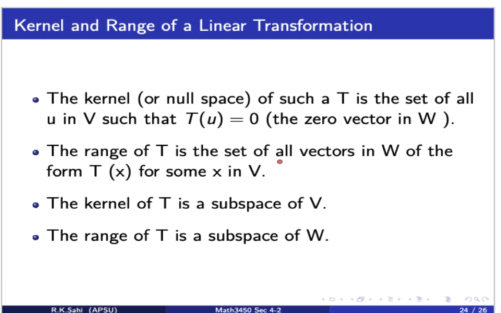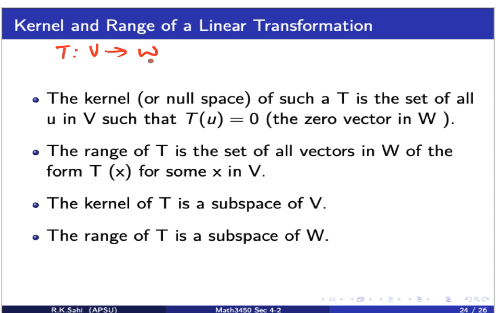Now, the kernel of a linear transformation is the set of all those u's in V such that T of u is 0. Remember, T is a linear transformation, or if you forget, it's a function, a mapping, or whatever you want to call it. T is a mapping from V to W, where V is the domain of the linear transformation and W is the codomain.